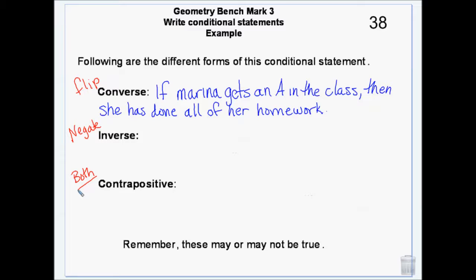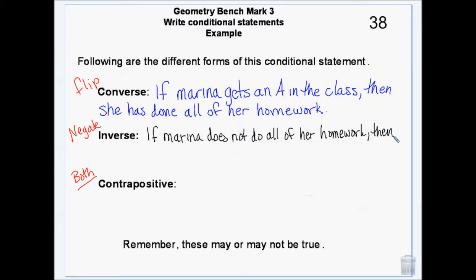Okay, so flip, negate, both. So our inverse: if Marina does not do all her homework, then she will not get an A in the class.